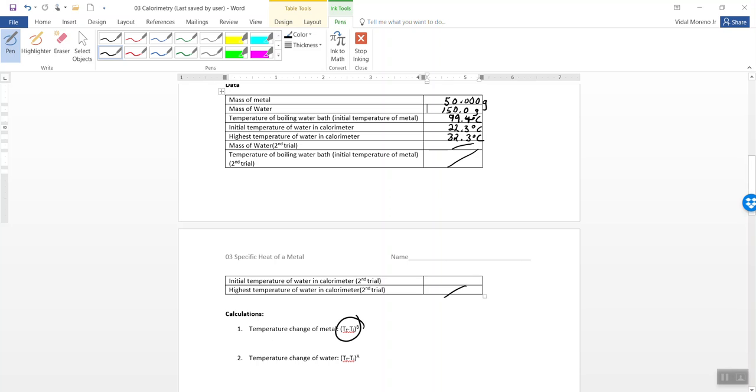What is the final temperature and what's the initial temperature? Is your of water. I asked you for the metal.